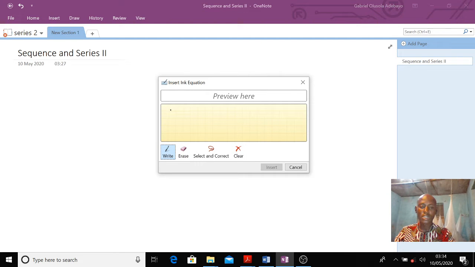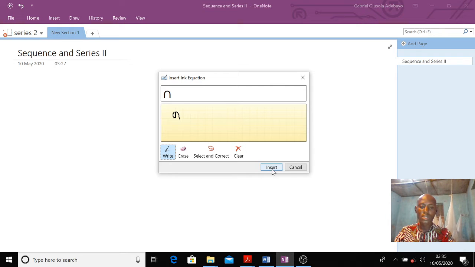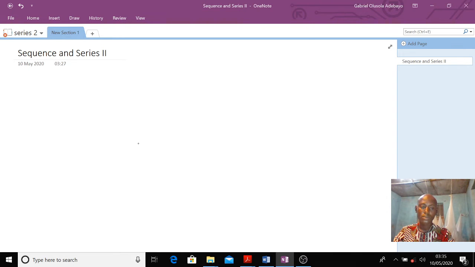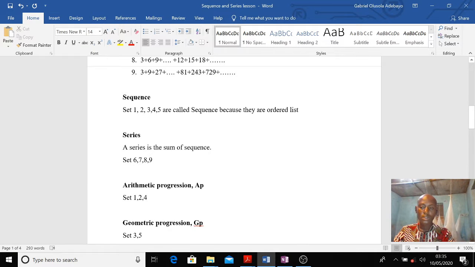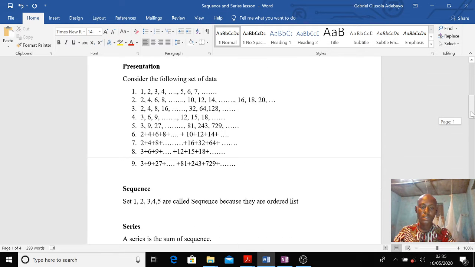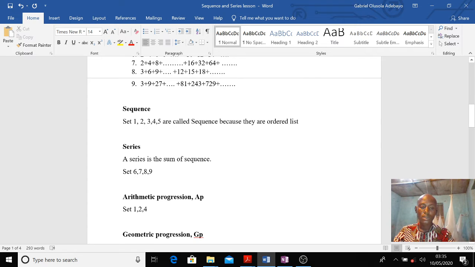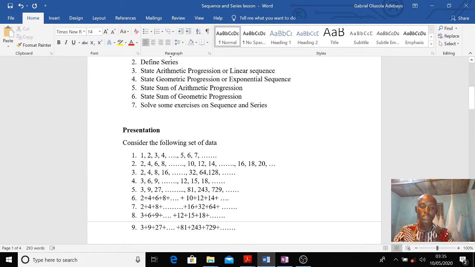Our first term a is 2, which is the first term of 2, 4, 6, 8.